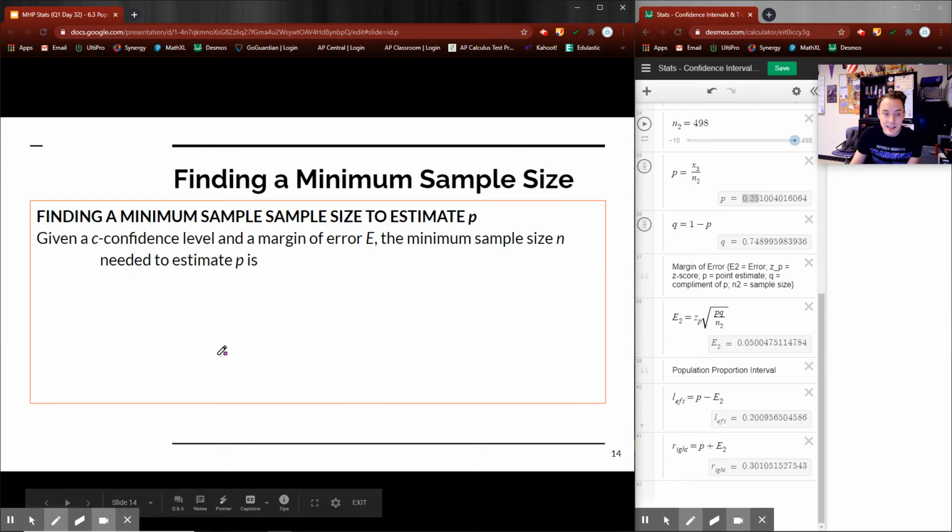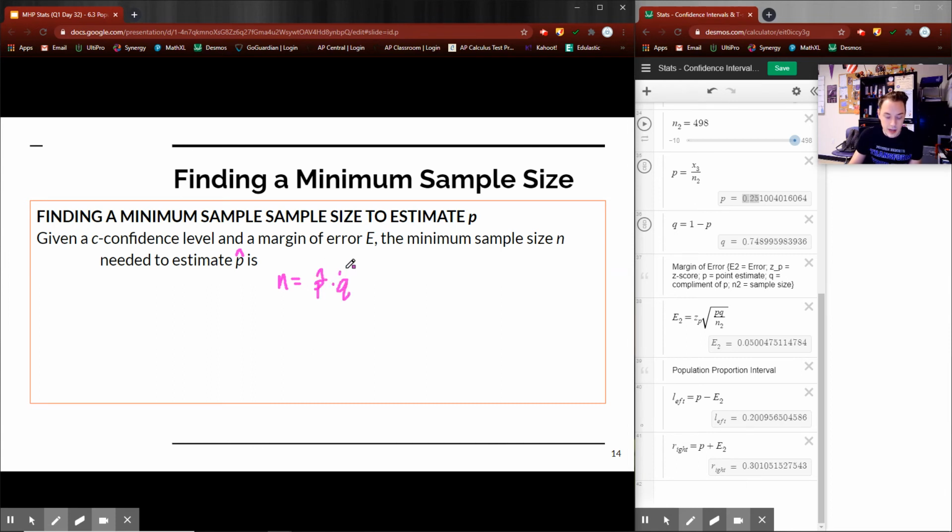So given a C confidence level and a margin of error, the minimum sample size n needed to estimate that p hat value, this p hat value, is going to be n equals my p hat times my q hat, and then times my z-score critical value all over my margin of error, and then to top it all off, it's squared.